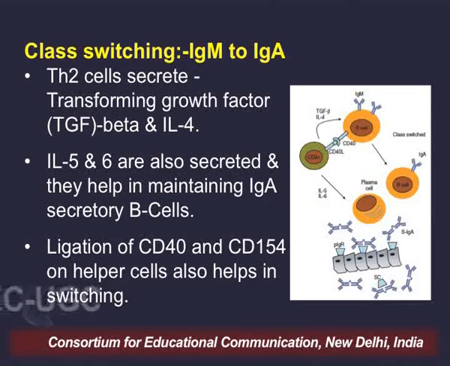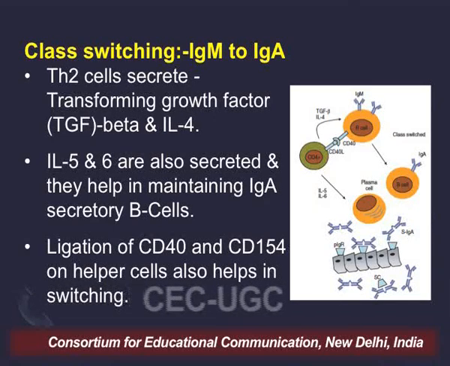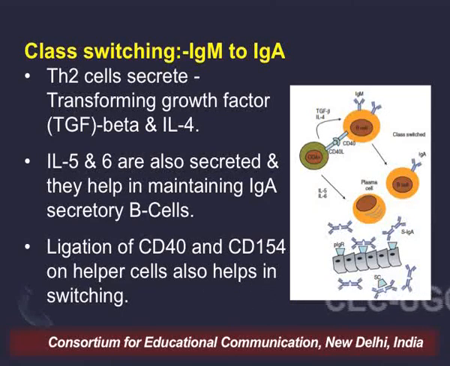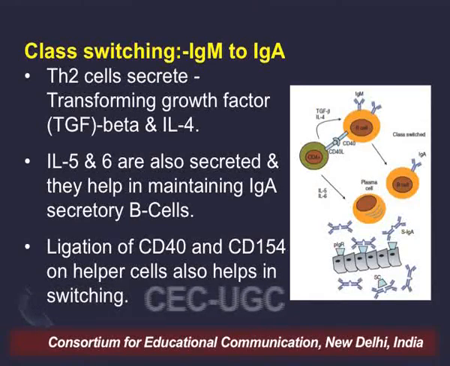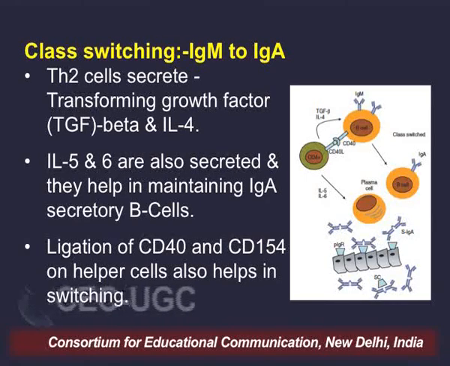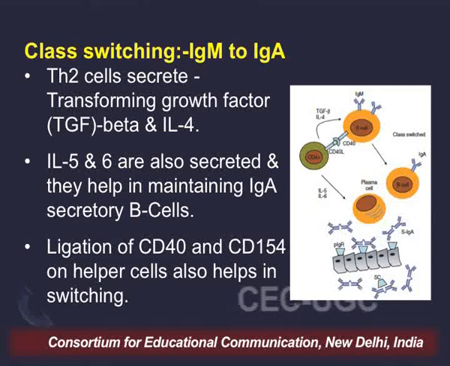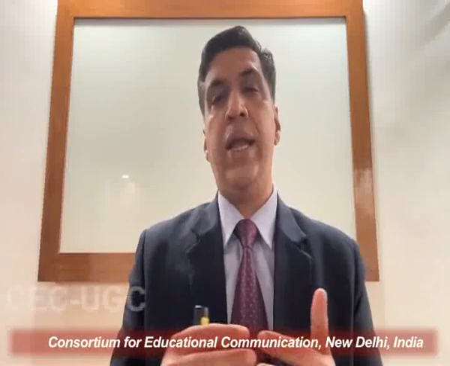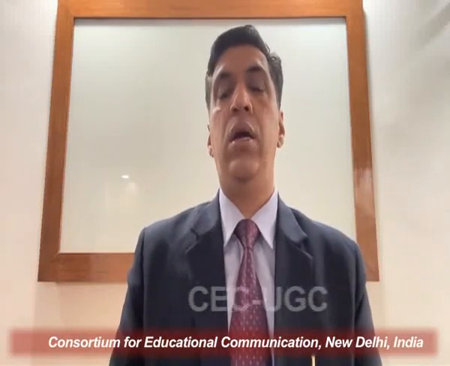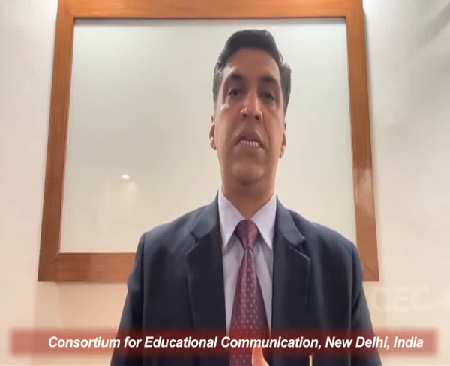Now both these components help these mature B cells undergo class switching, and they start producing antibody A. Now in addition to TGF beta and interleukin 4, interleukin 5 and interleukin 6 are also secreted by these helper T cells, which help in maintaining the secretory B cells which secrete antibody A. Now ligation, as I told you, the naive B cell has a CD40 molecule, whereas the helper T cells have a CD154 ligand on their surface. So when this ligation or binding occurs, this also stimulates the class switching of the B cells.